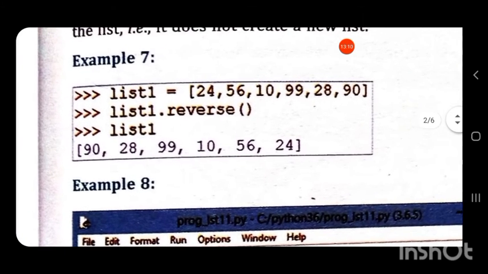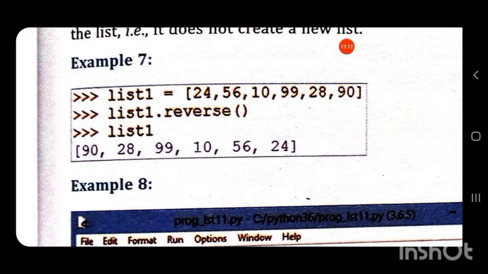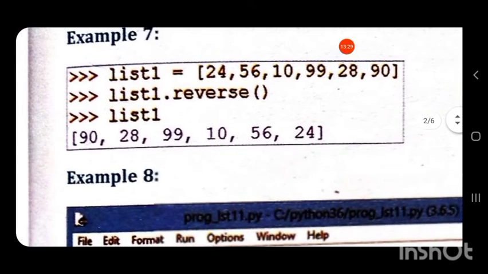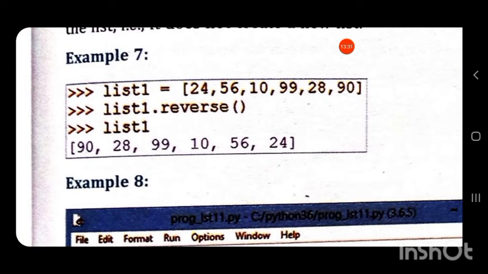So when we print list 1, now you can see first the list 1 had all these values in this order: 24, 56, 10, 99, 28, 90. After reversing, when we print list 1, you can see the order of the elements is changed: 90, 28, 99, 10, 56, 24.